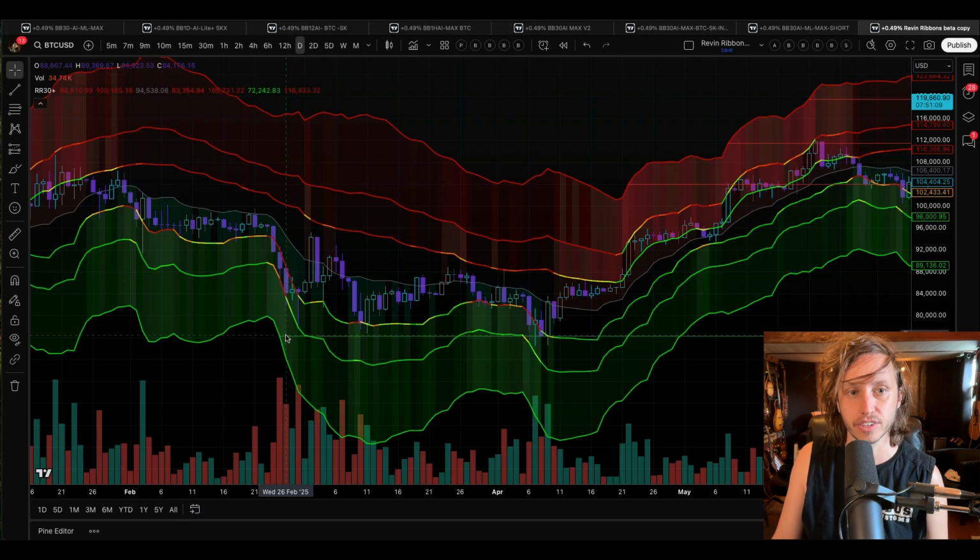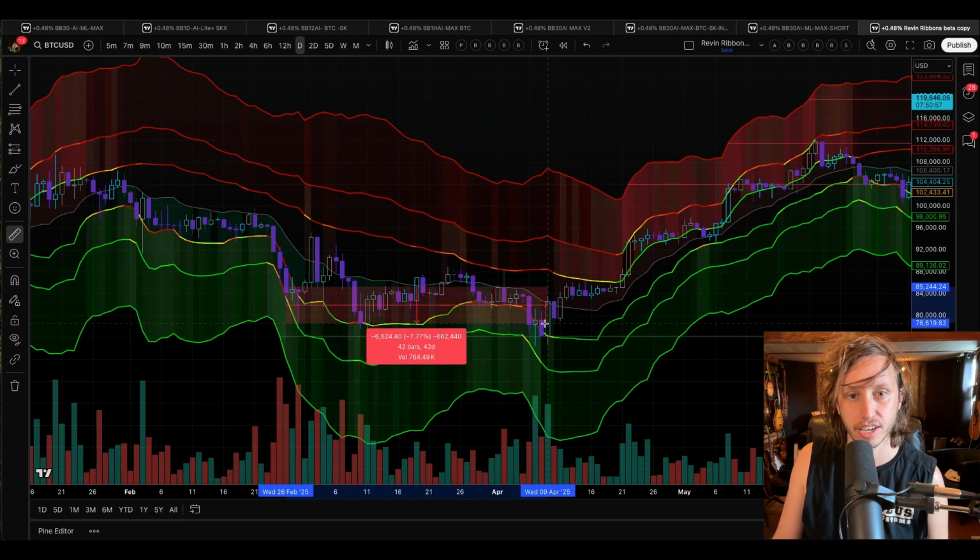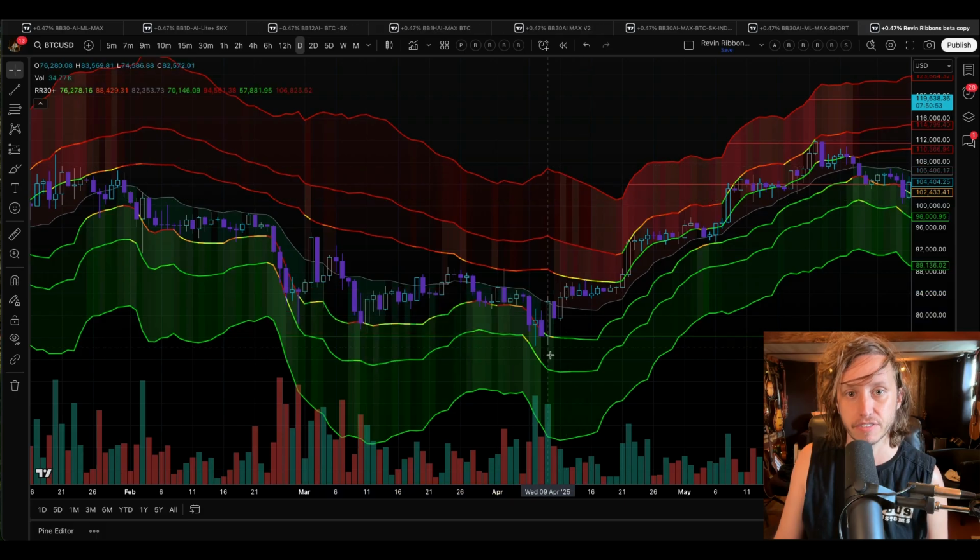So this was on the support band, so it created a support down here. From creation, it took just about 13 bars and it almost reached that level, and then it took about 42 bars before it really based off of that and went higher. So it created a nice support zone here.